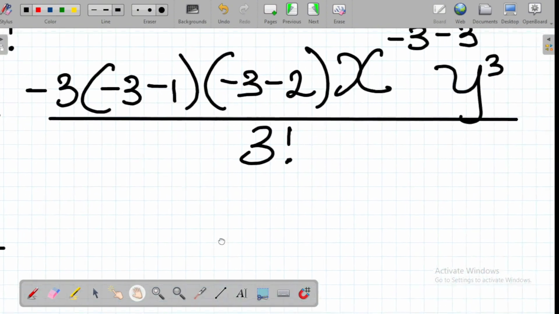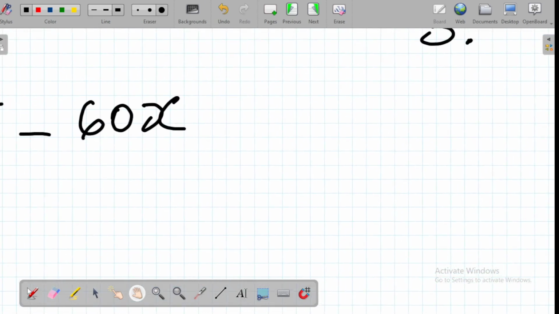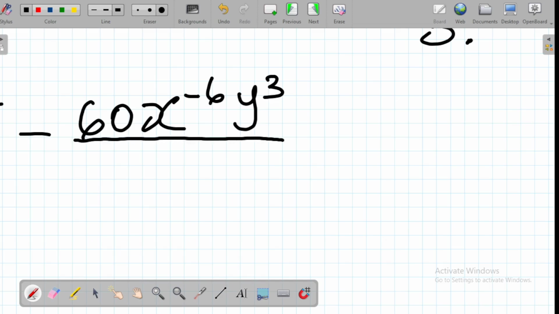X is raised to power what? Negative 3 minus 3 is negative 6. So we have here negative 6. And then y is raised to power 3 all over 3 factorial is 3 times 2 times 1. And 3 times 2 is 6. 6 times 1 is 6. So we have here 6.